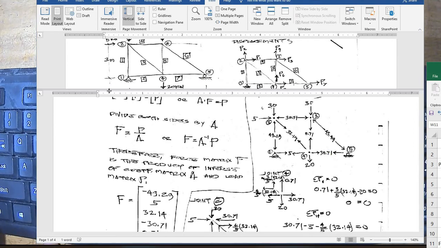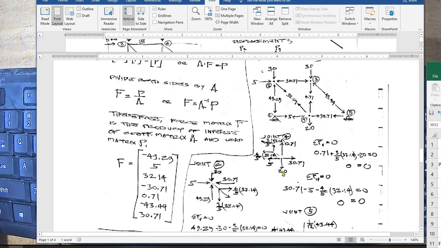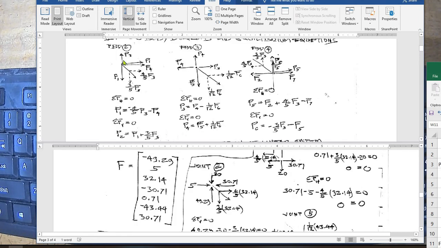But we're not done yet. We also need to know the reactions, and then we will also check. So, going back to joint 2. This time, for our check, we consider the loads and the forces.